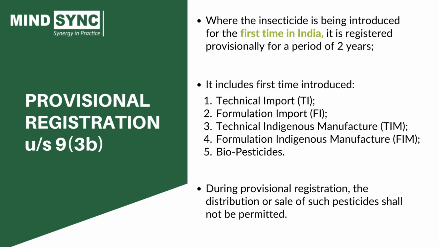It includes first-time introduced, technical import, formulation import, technical indigenous manufacture, formulation indigenous manufacture, and biopesticide. During provisional registration, the distribution or sale of such pesticide shall not be permitted.